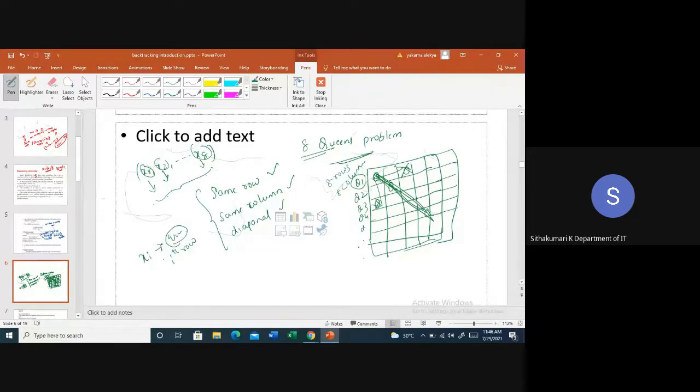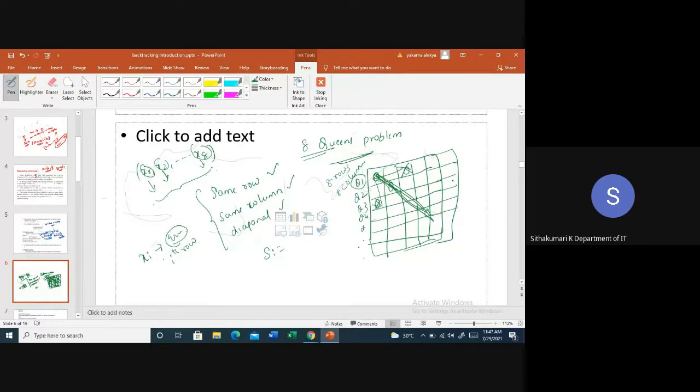Now, for this particular problem, if you want to understand the backtracking concept, you should know what the explicit constraints and implicit constraints are. What are the explicit constraints using this formulation? Because you have only 8 columns, you can place any queen in any one of these 8 columns. How can you place in the 9th column? You cannot. So what is the solution set?